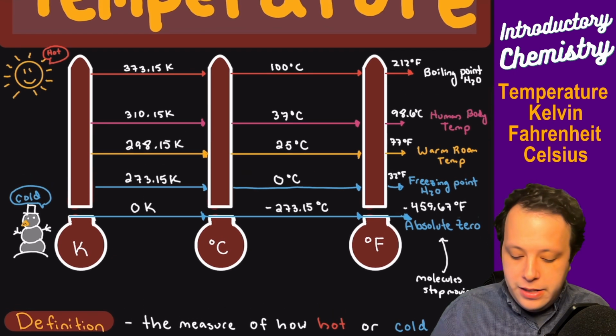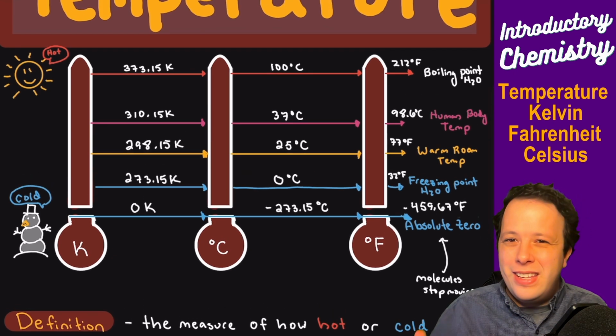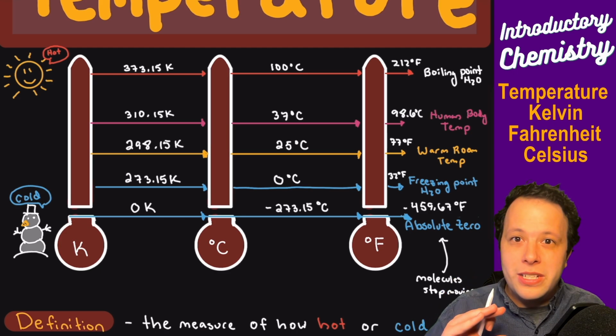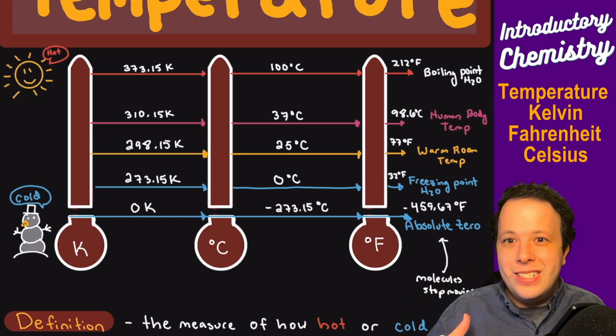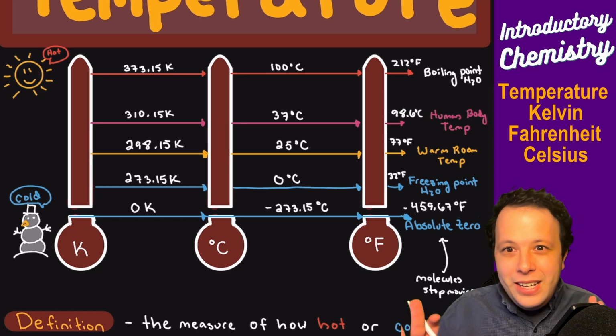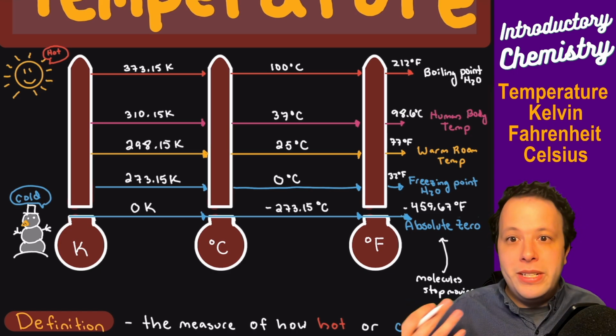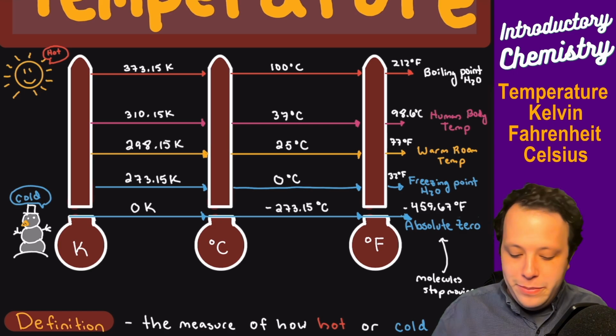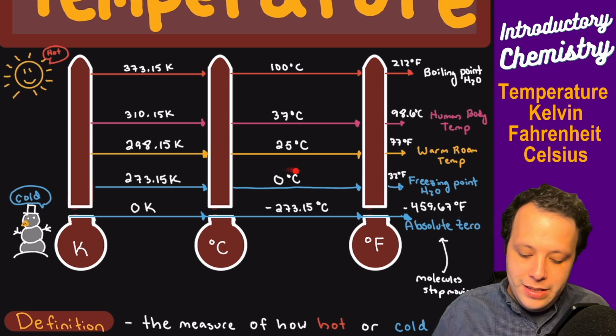What we have to think of in terms of temperature scales as chemists is that we like to relate things to water, right? Water is what life is about. When it comes to the freezing point and the boiling point of water, I would highly recommend you know them for any career path you have, because it is common knowledge, especially for Celsius and Fahrenheit.